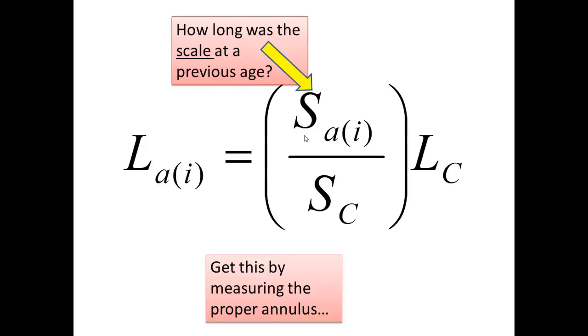Of course we're using otoliths, but the formula has an S in it for scale, so we'll just say scale when we mean otolith. And so how do we know how long that scale was a few years ago? Well, we just get that by measuring the proper annulus. The annulus was formed when the fish had its birthday.